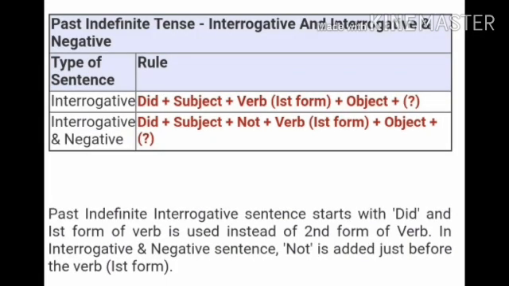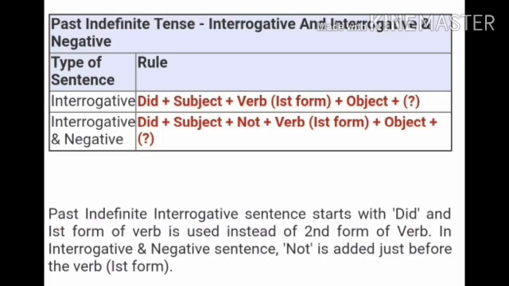Now see the formation of interrogative and negative sentences of past indefinite tense. Did is our helping verb. To make interrogative sentences, we use our helping verb at the beginning of our sentence.